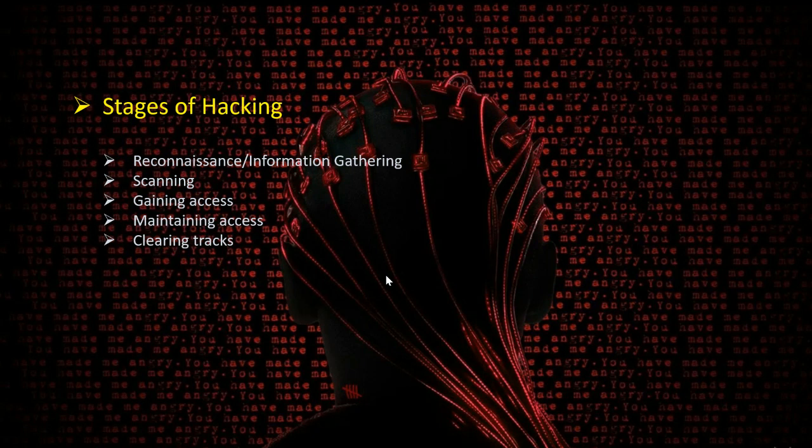Once access is gained, we need to maintain access to run all our payloads and retrieve the data, or maybe to bring down the system. Once that is done, all the hacker tasks are completed. The final stage is to clear the tracks to ensure that no trace is found by the intrusion detection system.